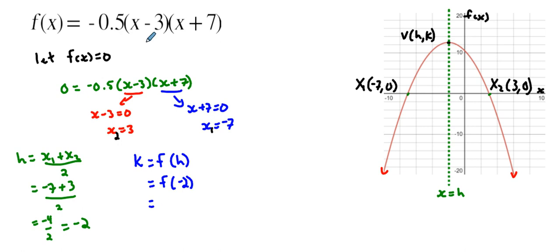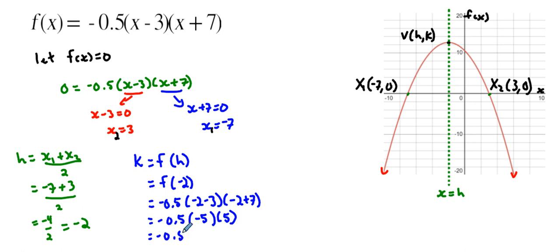So we can sub that in for x up here, and I can say negative 0.5 (negative 2 minus 3)(negative 2 plus 7). Then we'll say negative 0.5, and this first bracket will be negative 5, and the second bracket will be positive 5, and then we'll get negative 0.5 times negative 25.